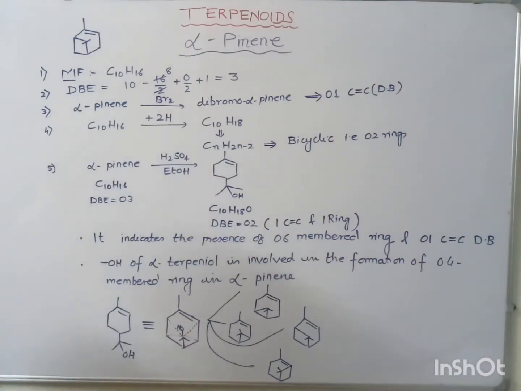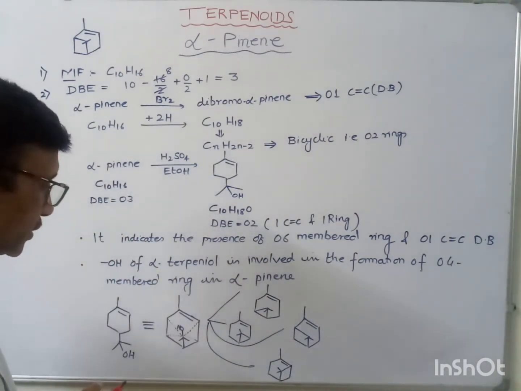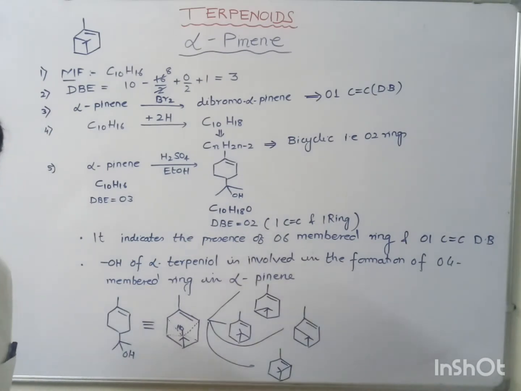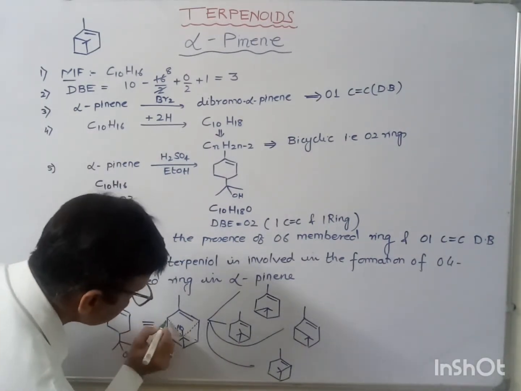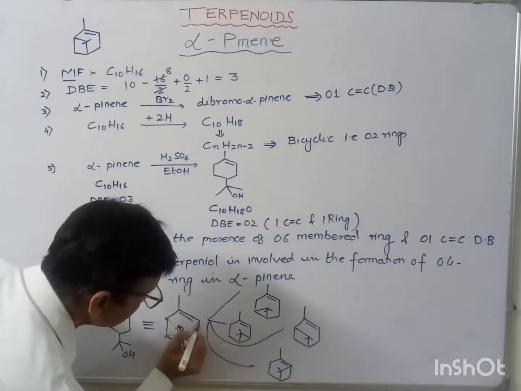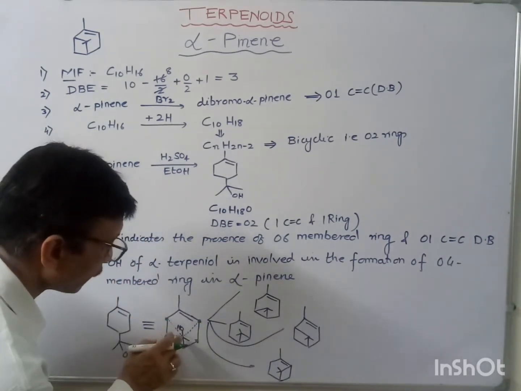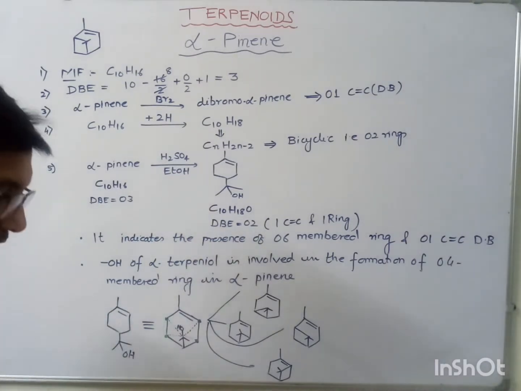So 4 centers are there through which the ring can be formed. This is one center, this is another center, this is another, this is another. The ring may be formed using these 4 centers.